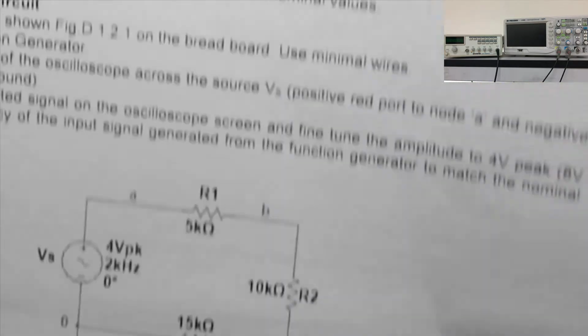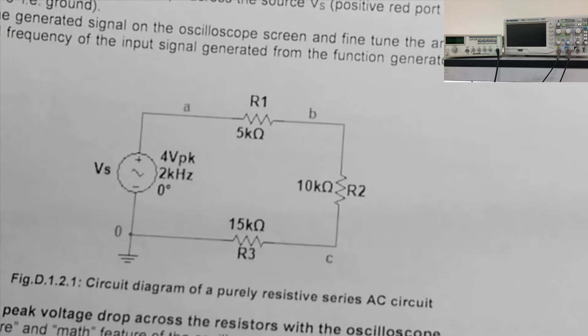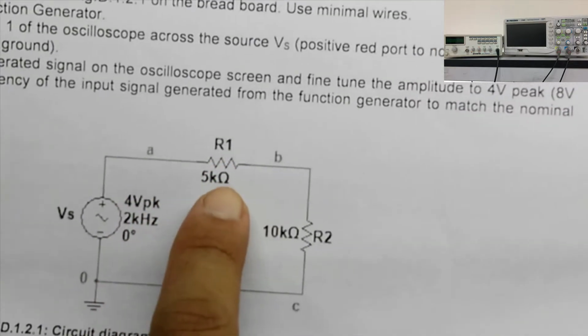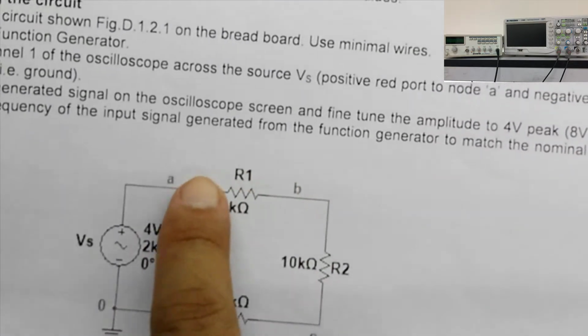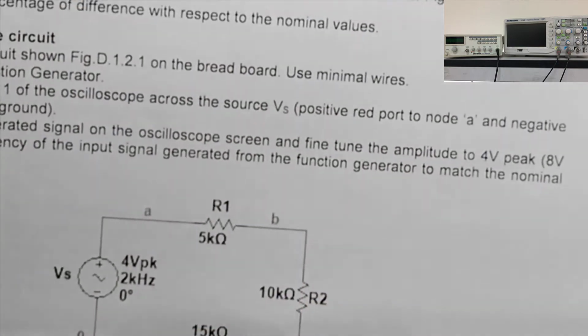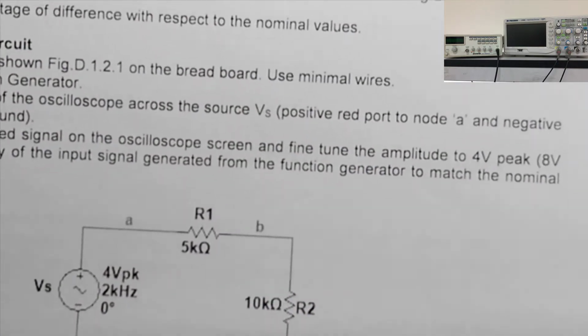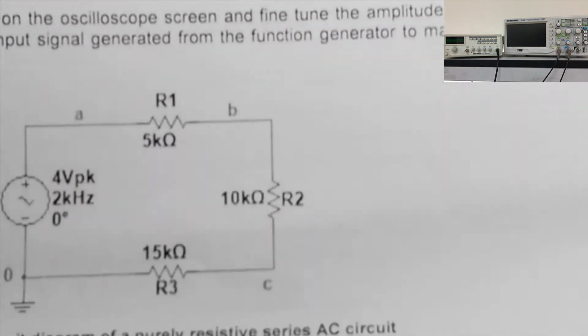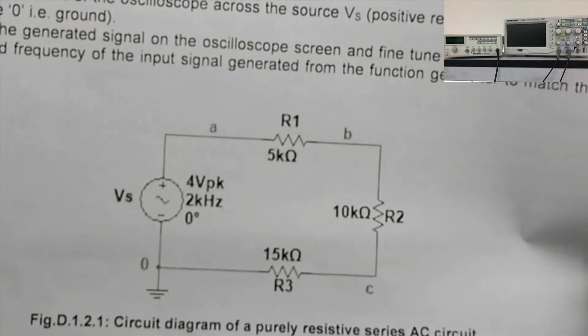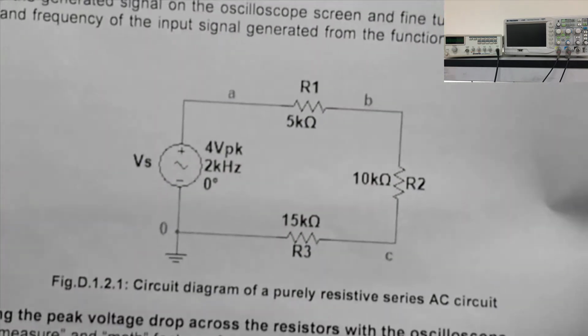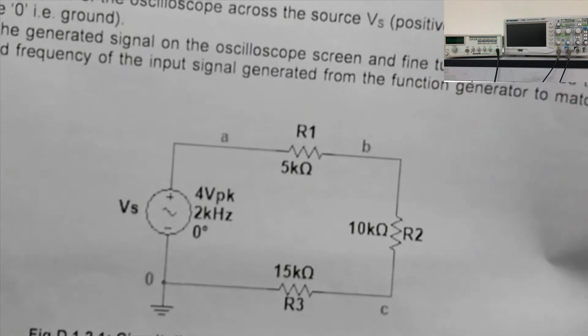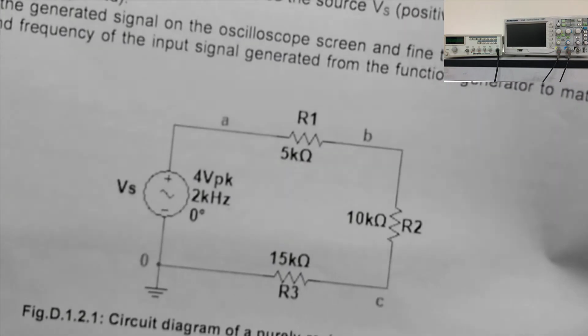As you see from the circuit, we have to take readings of R1, R2 and R3. To do that, we have to take voltage readings of the appropriate nodes and then measure the appropriate voltages.